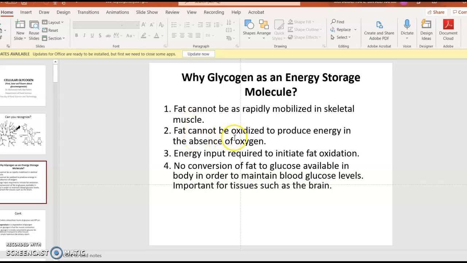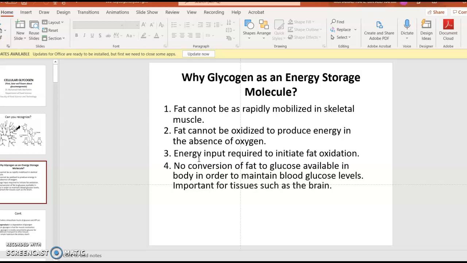Secondly, fat cannot be oxidized to produce energy in the absence of oxygen. This means that in order for the body to use the fat, it must undergo aerobic respiration. But if the body tries to use the glycogen, it can undergo anaerobic respiration, for example during exercise. Third, energy input is required to initiate fat oxidation.